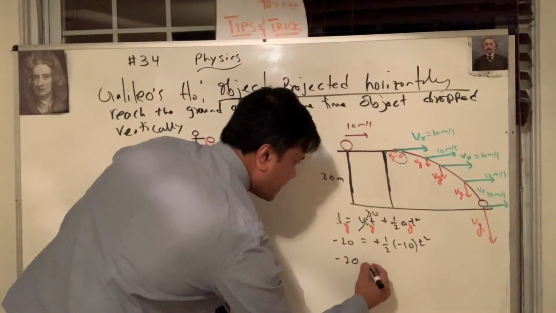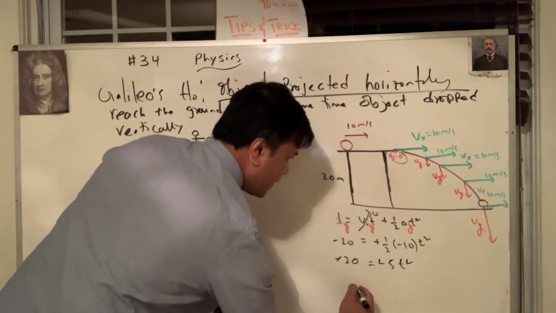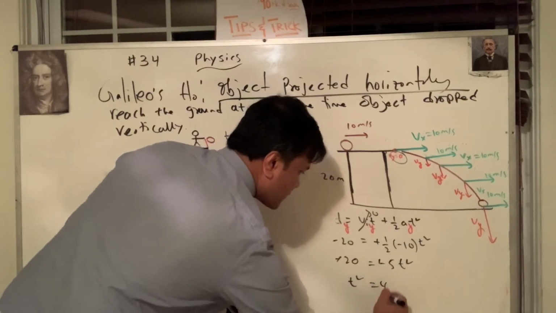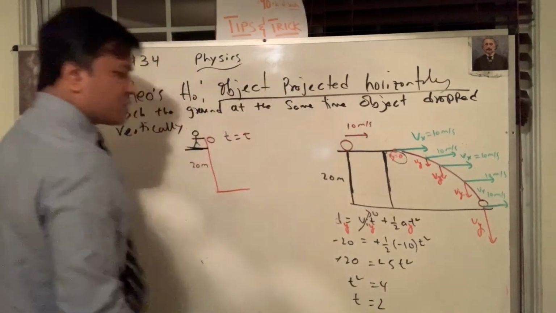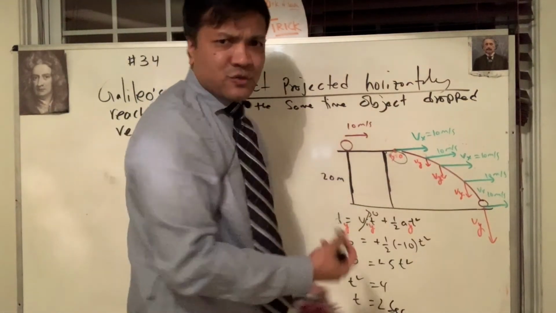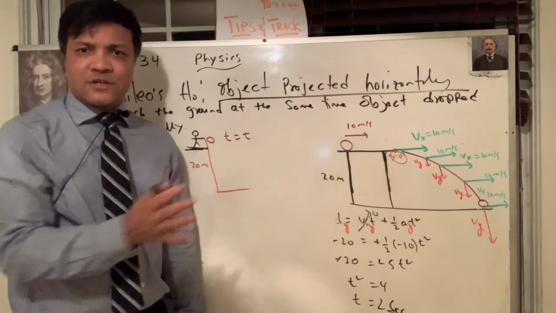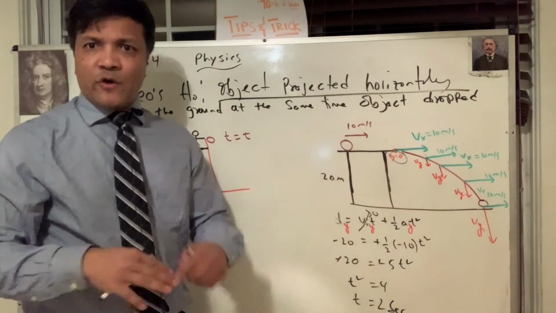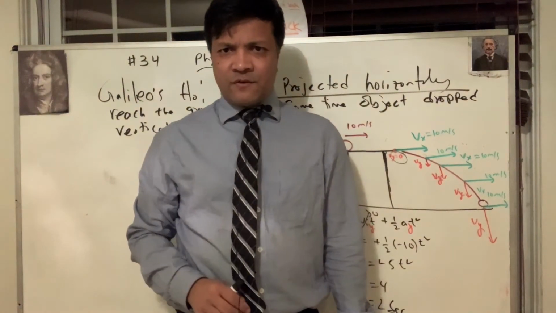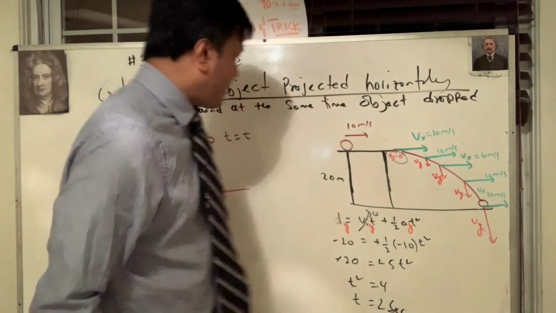Negative 20 is equal to minus 5t squared. The negatives cancel, 5 goes to 20, so t squared is equal to 4. So t is equal to 2 seconds. How long does it take for the ball to hit the ground? 2 seconds. Now I'm going to show you that the dropped ball will take exactly 2 seconds too, because in 1590 Galileo said the horizontally projected motion and the object dropped vertically take the same time.